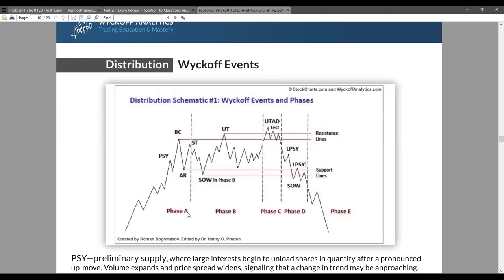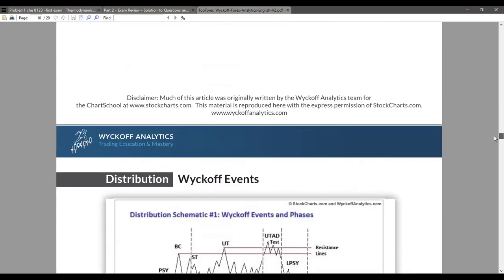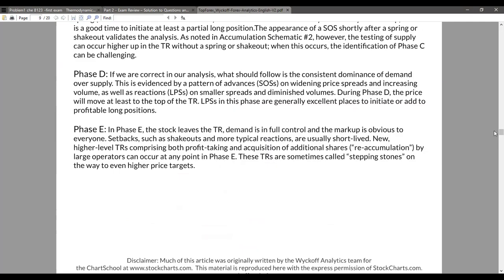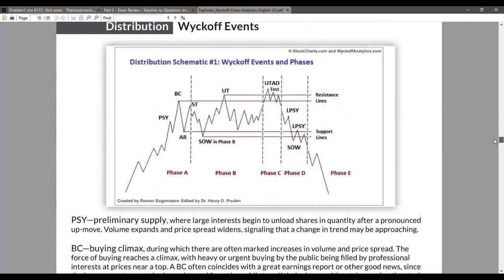You can see that phase A marks the end of buying pressure, the upward trend of the market. Here we have our preliminary supply, and then it goes up to a buying climax. In the accumulation diagram, we had a selling climax, but here, since we are looking for a selling opportunity, we have a buying climax.